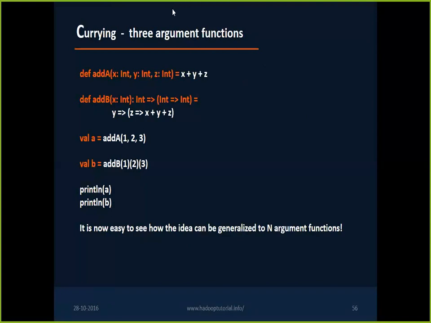I think everyone got clear that this currying is not really important for us. So I think we can move ahead now. Yes. Okay, it's not important.